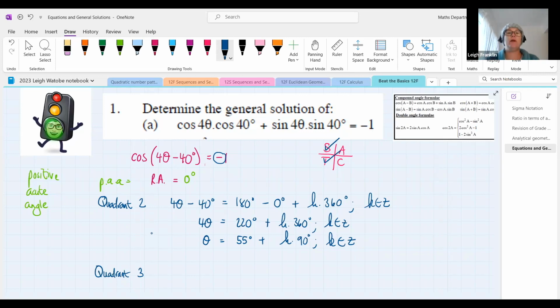Can anybody tell me what happens in quadrant 3 in this particular example?